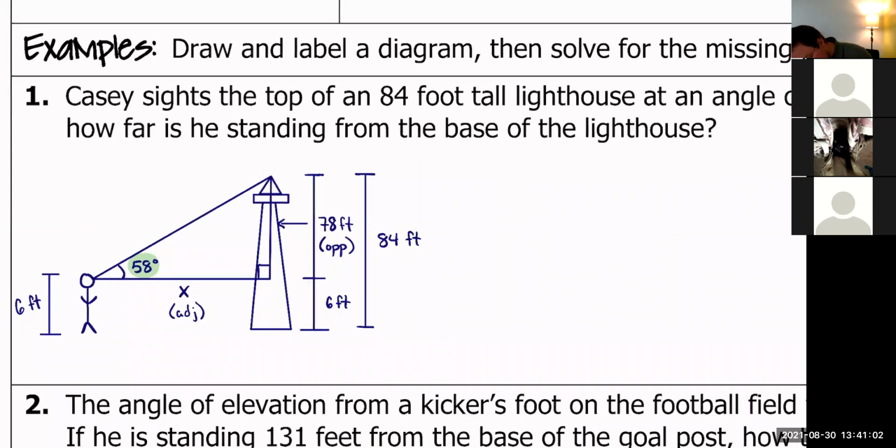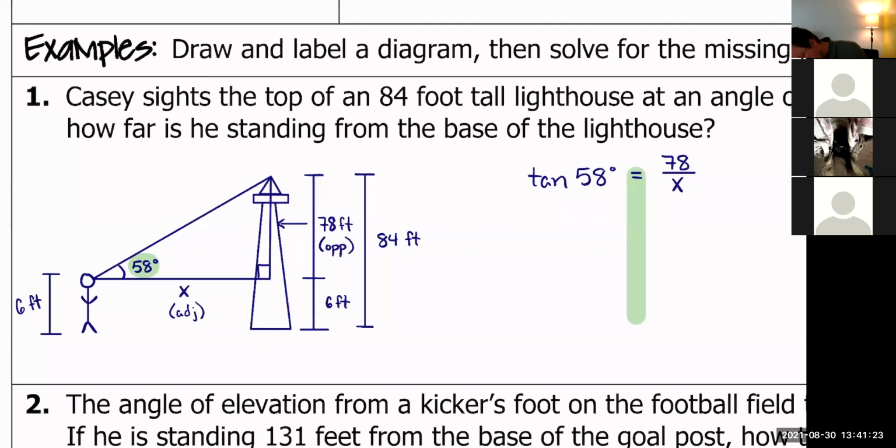Tangent. So according to the information in the diagram that I've sketched out, I'm going to have the tangent of 58 degrees equals the opposite, which is the 78, over the adjacent, which is what we're looking for, which is the X. And then we're going to go into solve, solve, solve. Unfortunately, this lands my X in the bottom, so I need to do that quick switcheroo there.